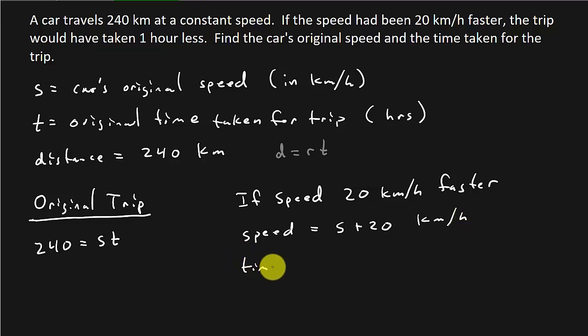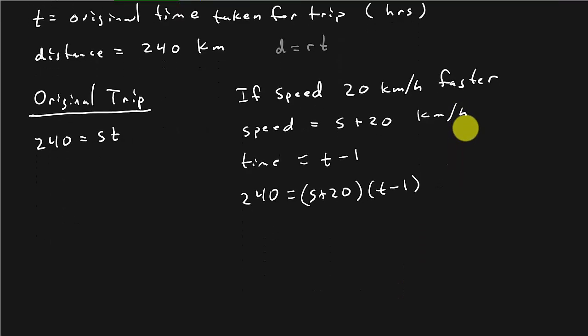And the time would have been what? It would have taken 1 hour less, so that would have been T minus 1. So let's set up an equation for that: distance equals rate times time.